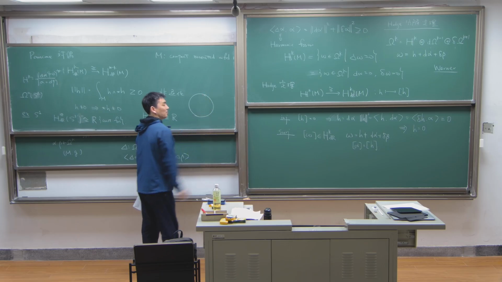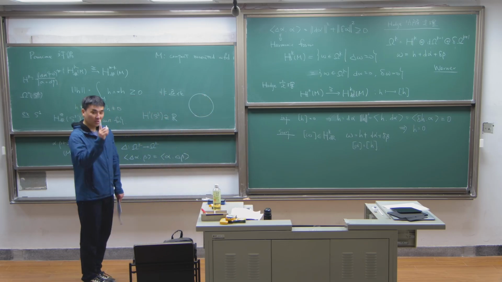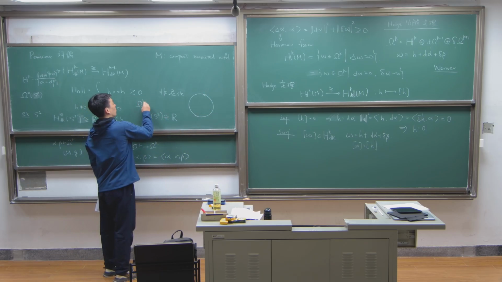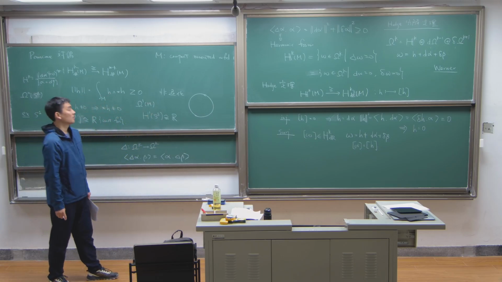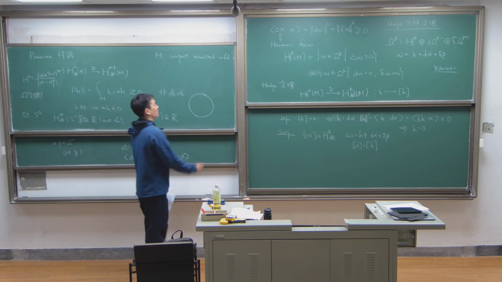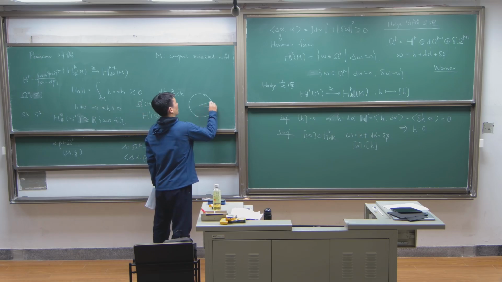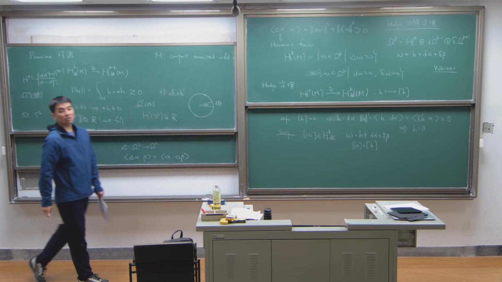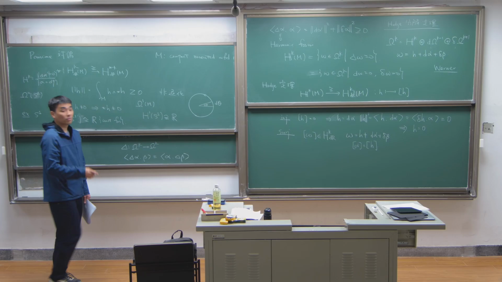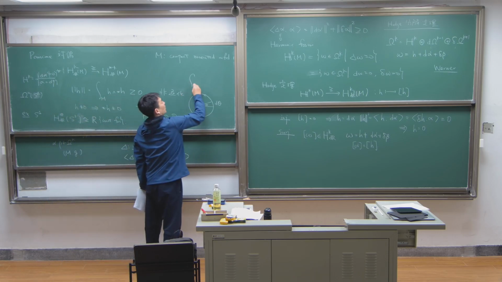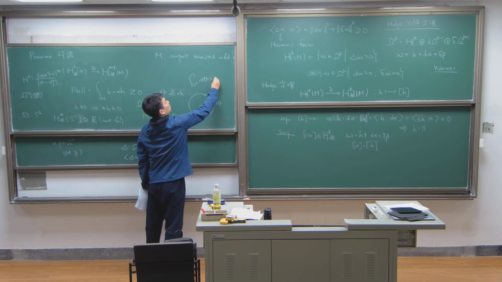S1 is like this one. The omega 1 is a one form, S1 one form. Detail, we will... detail, volume form. So S1 detail is 2 pi.